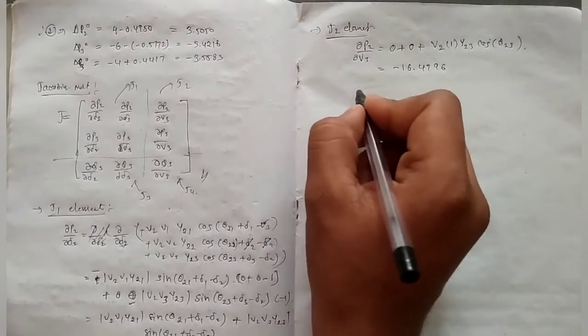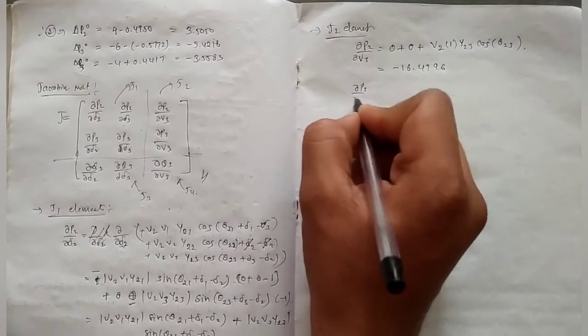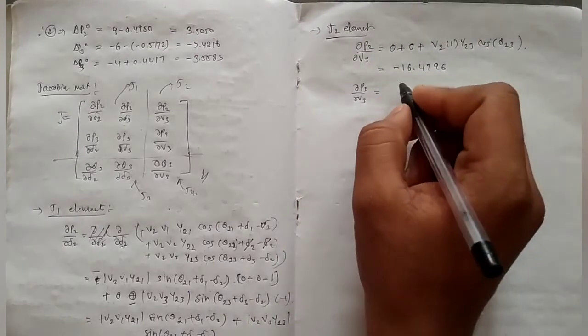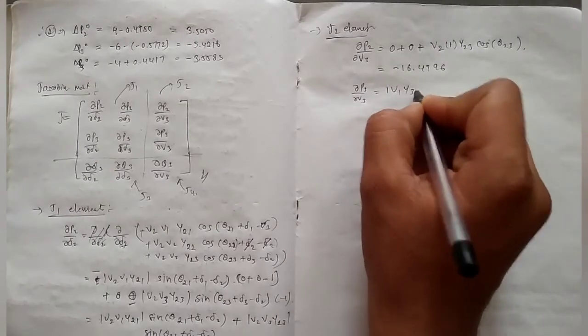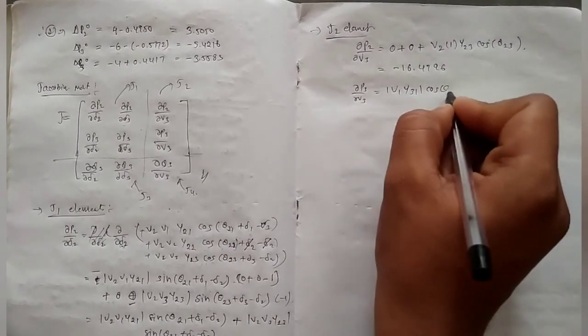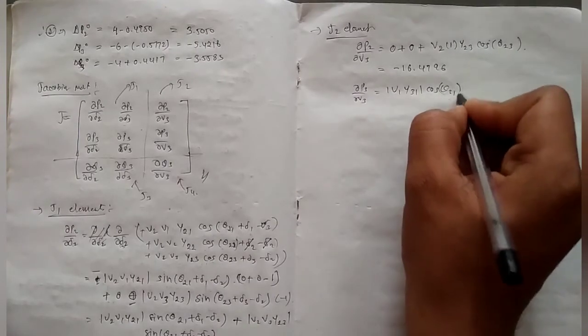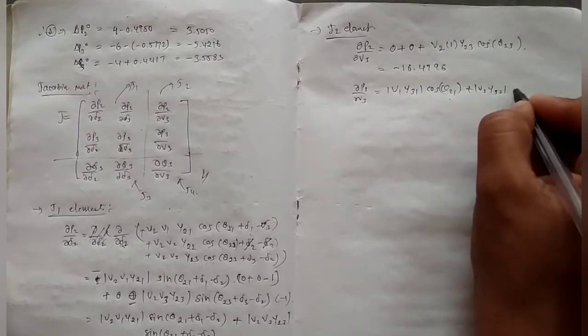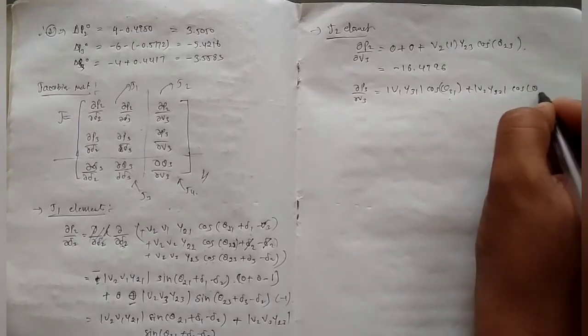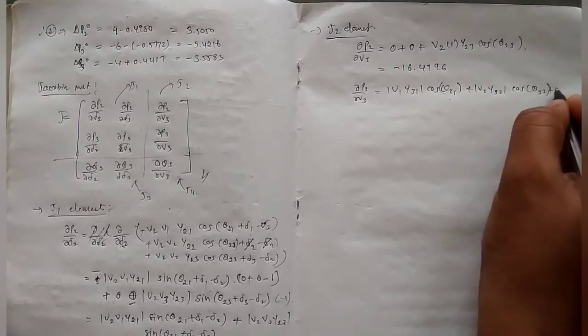16.4796, and next ∂P3 divided by ∂V3, you'll get the expression as V1 Y31 cos theta 31 plus V2 Y32 cos theta 32, close this.